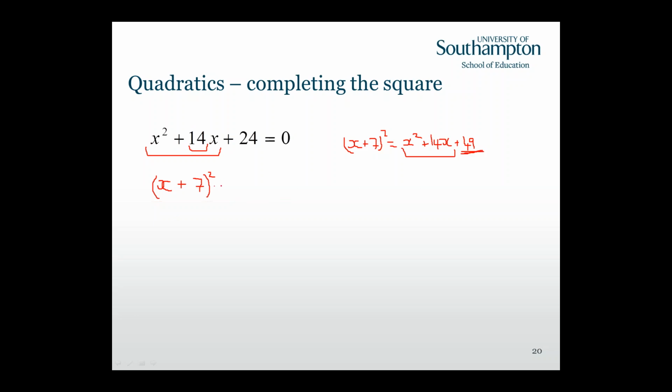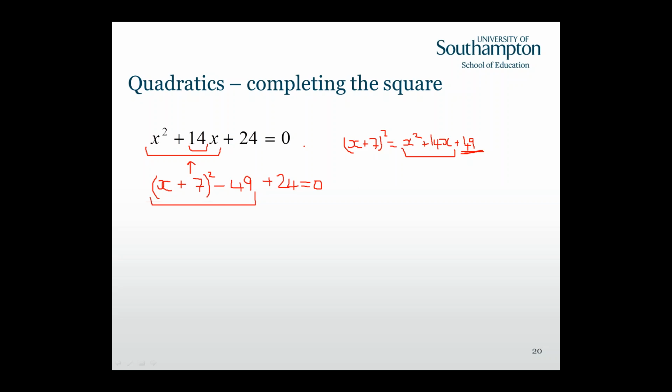So in order for this little bit here to look exactly the same as this bit here, we need to take away the 49, because we've got this extra 49 added on the end. Now, putting the original 24 back on, there is no difference between what is written here and what is written here. They are exactly the same, just written in a slightly different way.